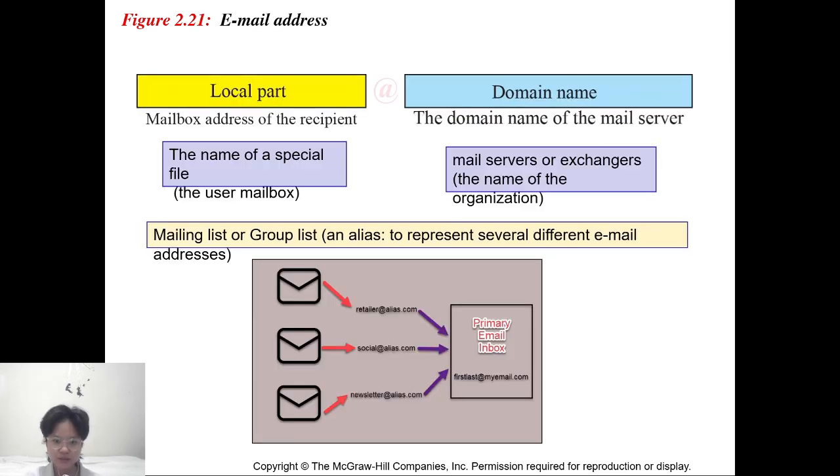Email address: local part and domain name, the name of a special file, and mail server or exchanger, the name of the organization. A mailing list or group list is an alias to represent several different email addresses.